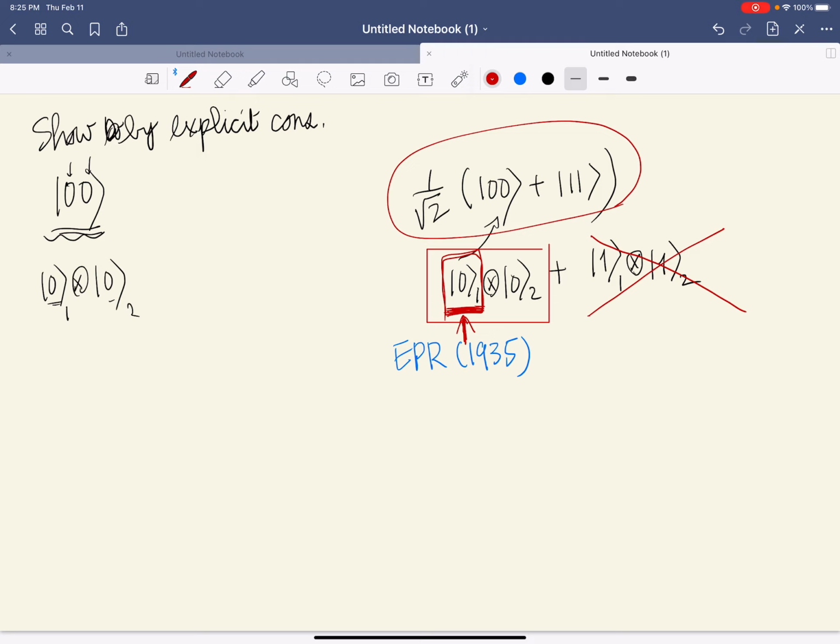So now, because of wave function collapse, the second qubit state has no choice but to be exactly in the state of 0. Because the other possibility of the second qubit being in the state of 1 was eliminated along with the collapse of this other piece of the wave function into nothingness.